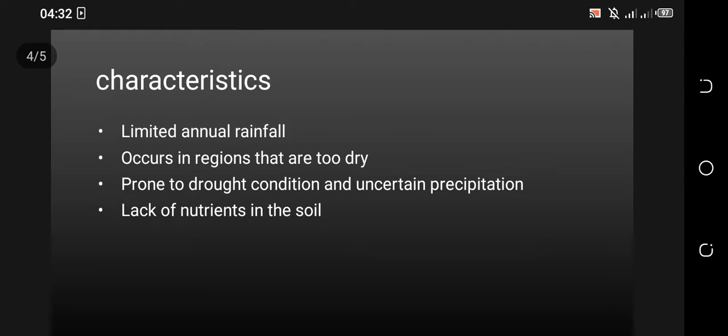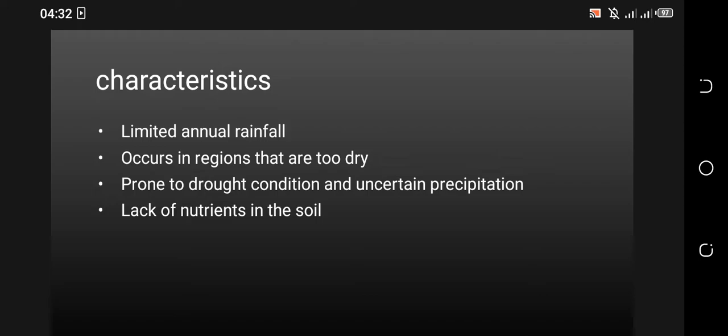So let's talk about the characteristics of grassland ecosystem. We have limited annual rainfall. Mostly this type of ecosystem will receive rainfall, but only for a particular period, not for the whole season.